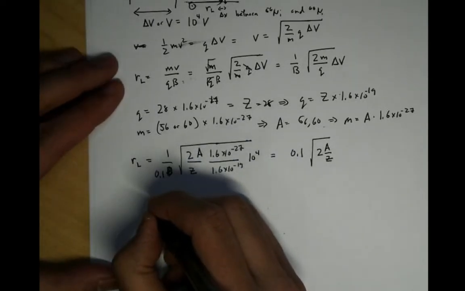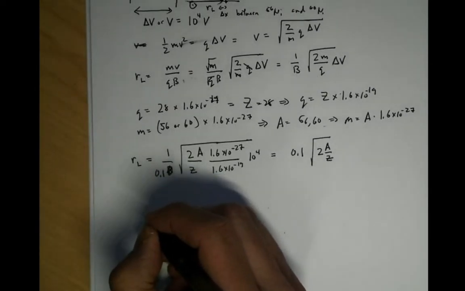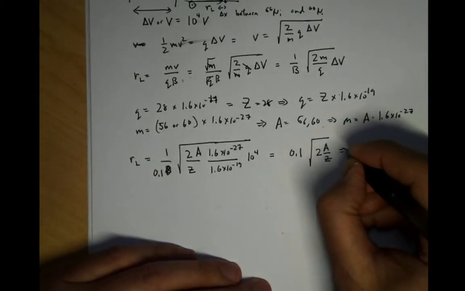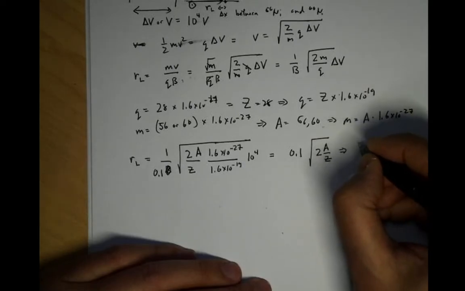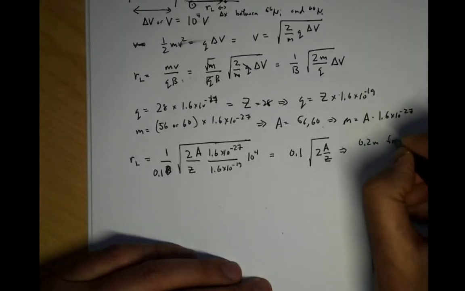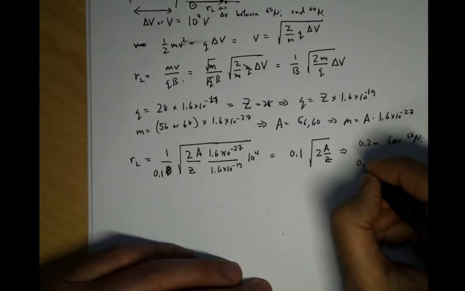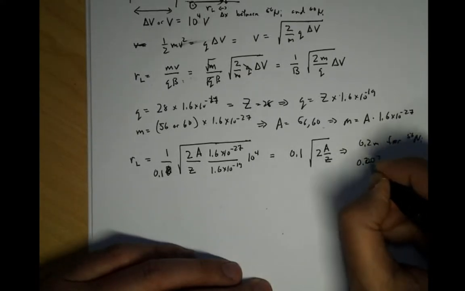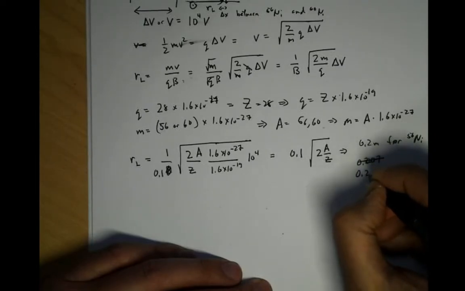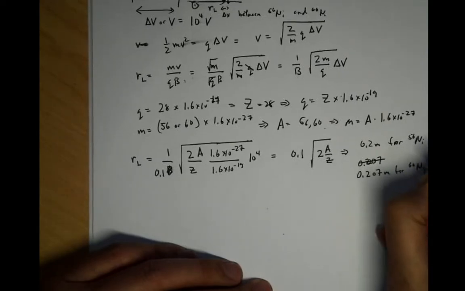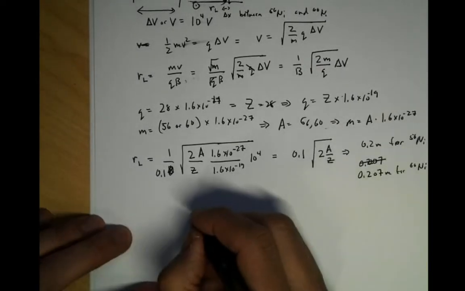This turns out to be roughly 0.2 meters for nickel 56, and for nickel 60 it is 0.207 meters.